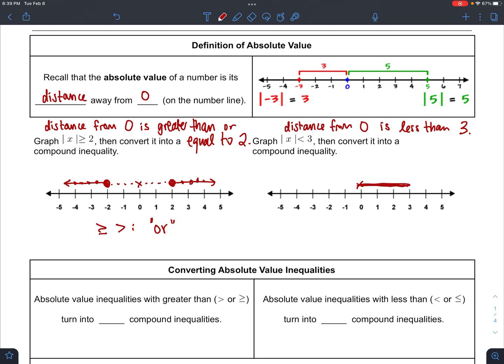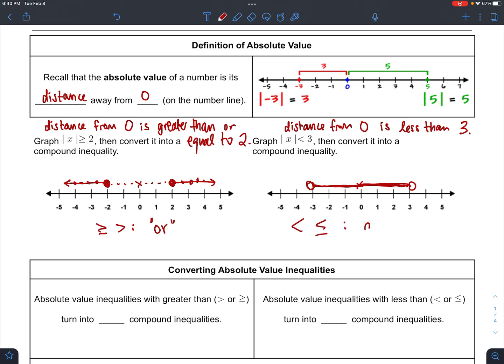So all of these are included. They are within 3 of 0, and we do not include 3 since it does not have the underline, and it goes on this way too, backwards. So all of the points contained there are within 3 of 0. Okay, so it's about distance.